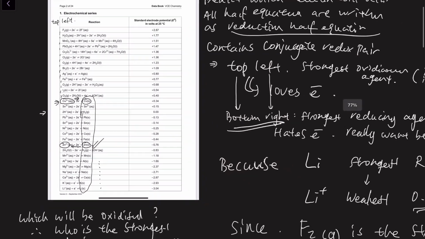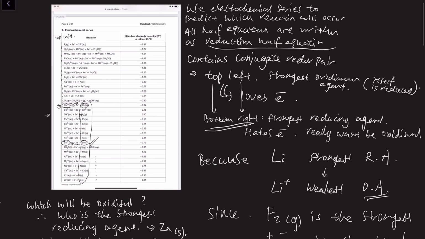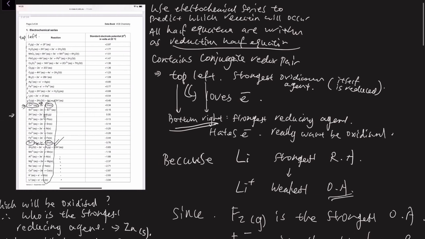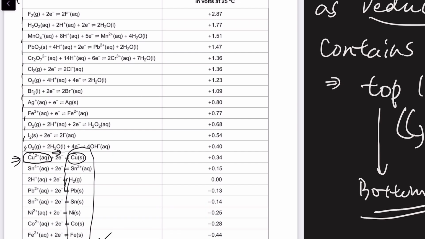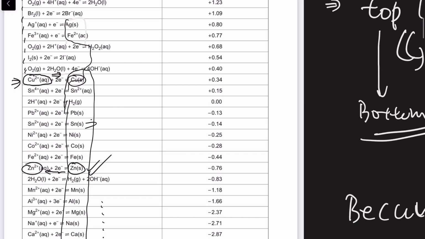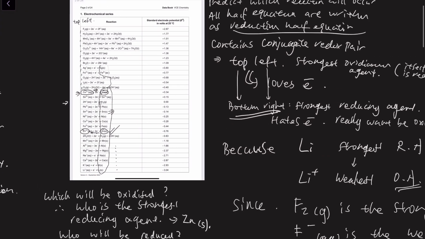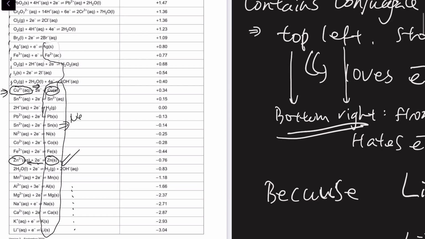Because for the oxidation agent, we are looking at the left-hand side, this implies anything on the right-hand side, so anything here, would never be reduced.